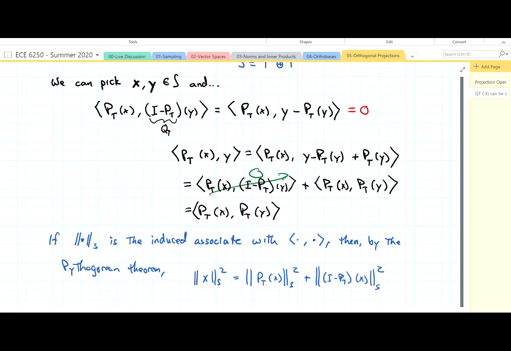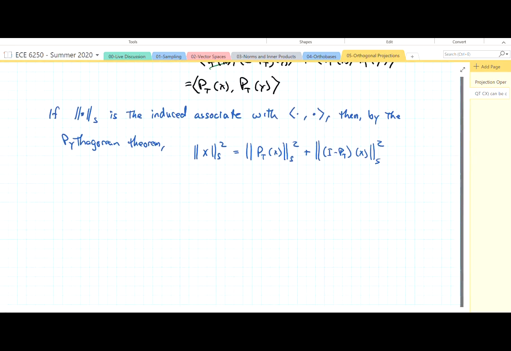Okay, so that's the projection operator. Now, let me just pull up one example before we quit. So let's say S is equal to R2, and T is equal to the span of (1, 0).